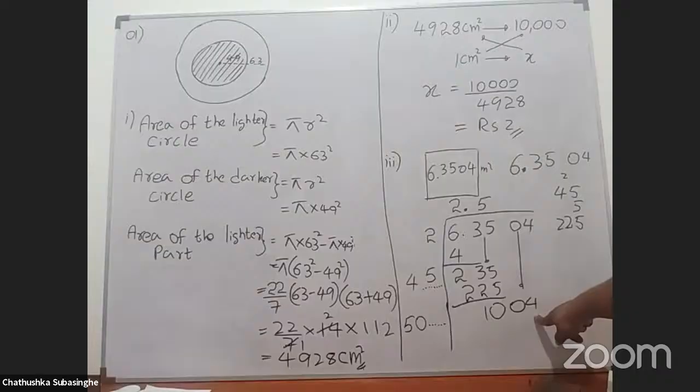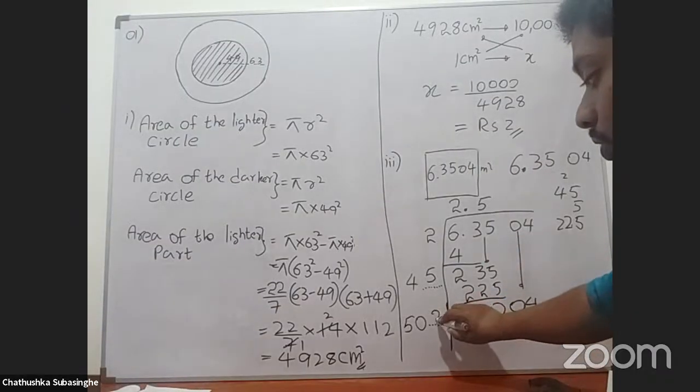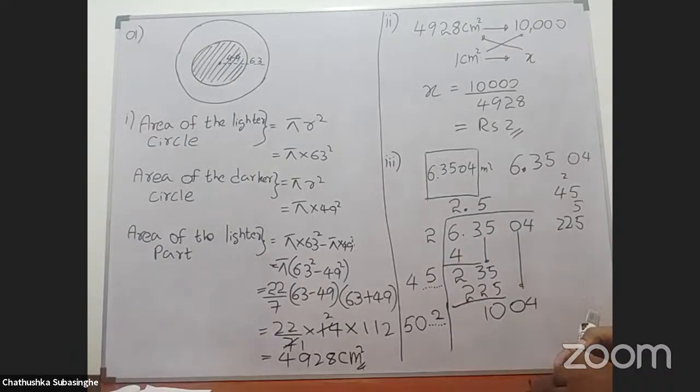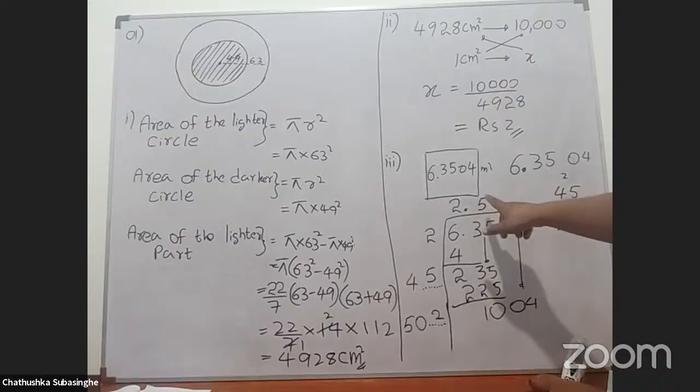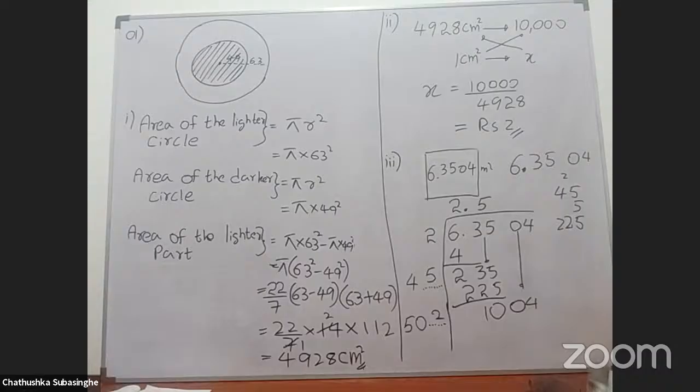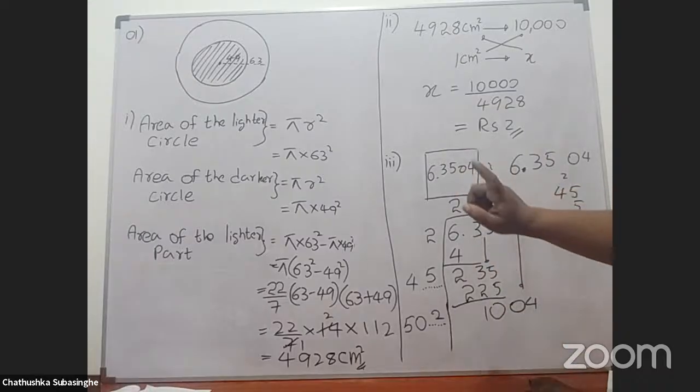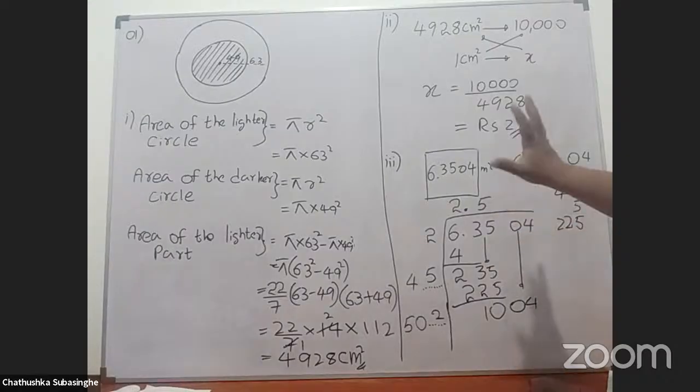I have 1004, so I can go more. So I can put 2. 502 times 2 is 1004. Exactly. We multiply the quotient only by 2. We call it the quotient, students, QUO, quotient. We always multiply the quotient by 2.